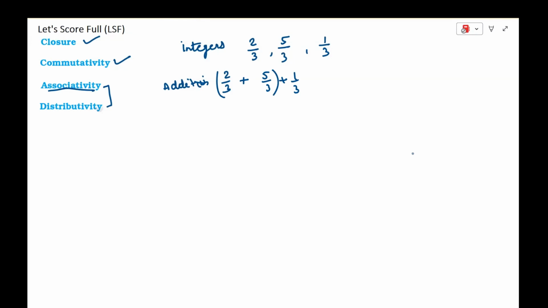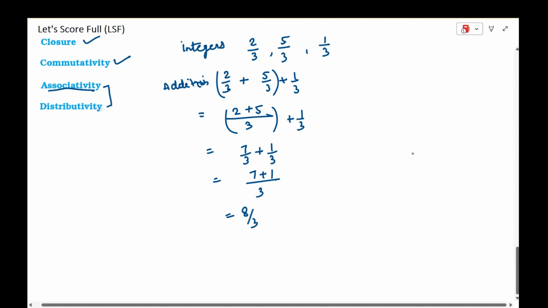So first I need to add these two. That is, LCM is 3. Then 2 plus 5, and plus 1 by 3. It will come 7 by 3. And then add 1 by 3, which is again LCM 3. Then 7 plus 1, which is 8 by 3 is the answer.